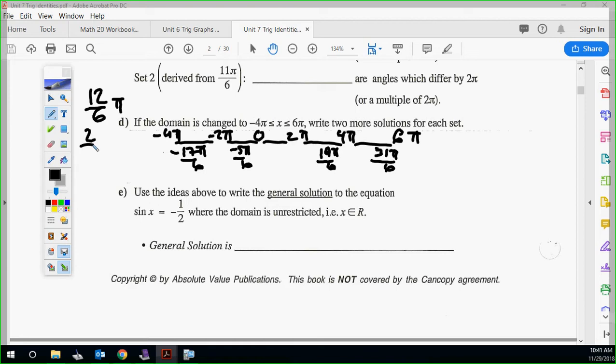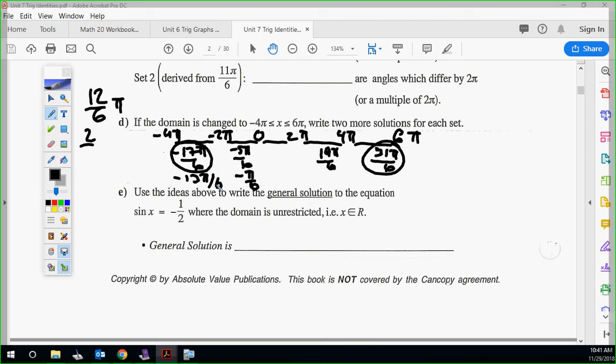And this is kind of tedious in a way. To me, these are all the same values. They're just making sure you know you could find them on a different domain. But anyways, that's all the new ones. So we just got the 2 for the smaller one. The other one was negative pi over 6 was here. So then minus 12 over 6 to that, that's negative 13 pi over 6.